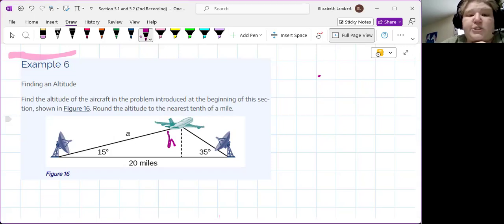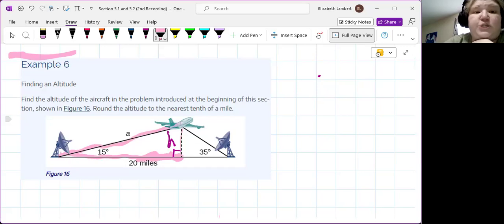Now, in order to actually solve for H, which remember heights, altitudes are always hitting at a 90-degree angle, I need one of the other two sides of that small triangle, or that left triangle, I should say. So that 20 is the whole entire side, so I can't use that as one of my sides. I could figure out A, or I could look at the right triangle and figure out the side over there.